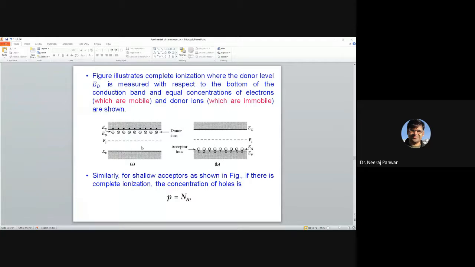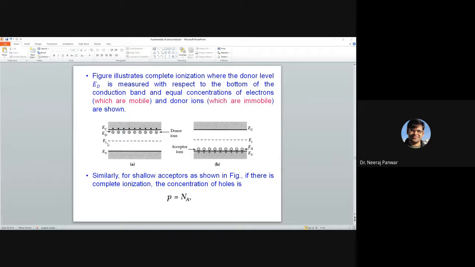And recall, this dashed line represents the Fermi level of intrinsic semiconductor. Intrinsic semiconductor means it has not been doped by donor or acceptor, and you see it is shown by a dashed line because this region is a forbidden region, not an allowed region. This means that no energy level would exist inside this forbidden gap.